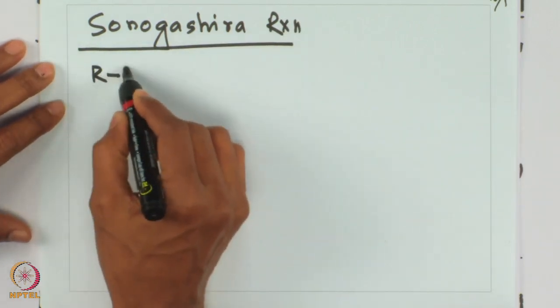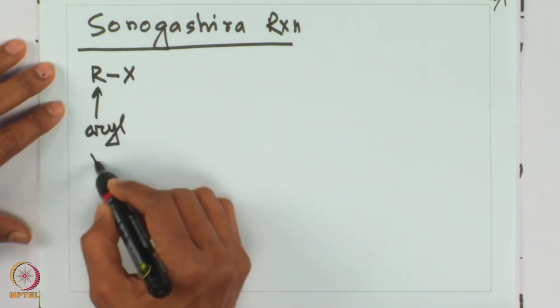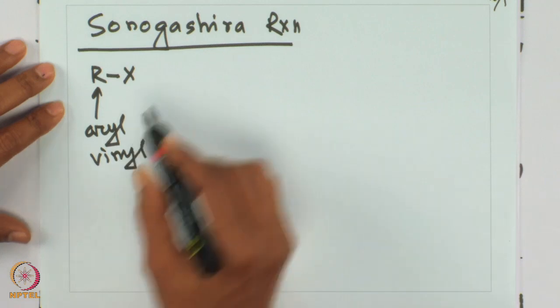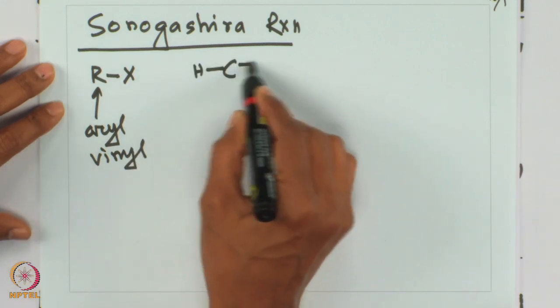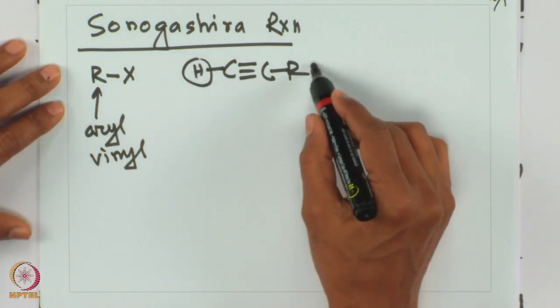You are taking RX, where R is aryl or vinyl, and you have a terminal alkyne. So, this H is there.